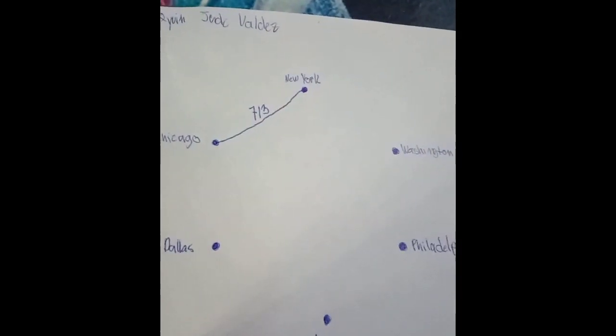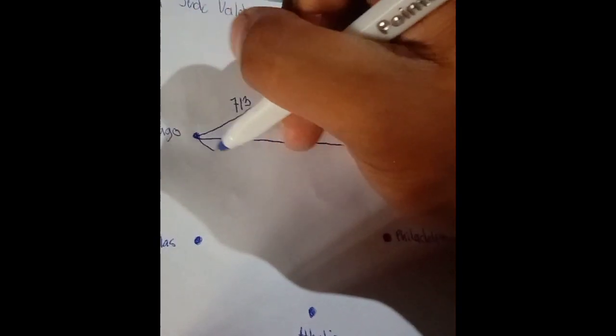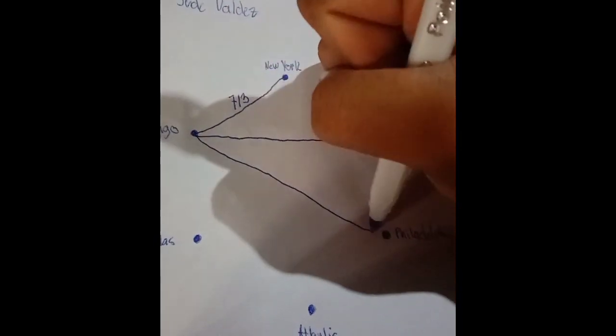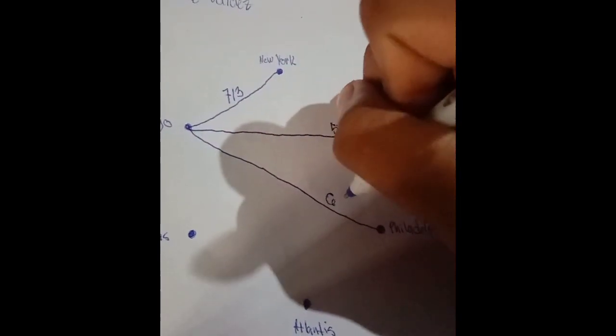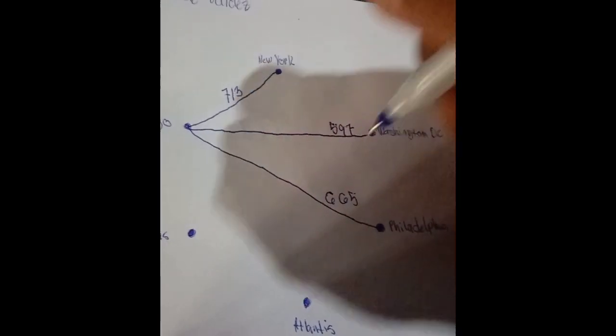And the next is Chicago to Washington DC. Connect that too. That would be 597. So, Chicago to Philadelphia. Connect that. That would be 665.